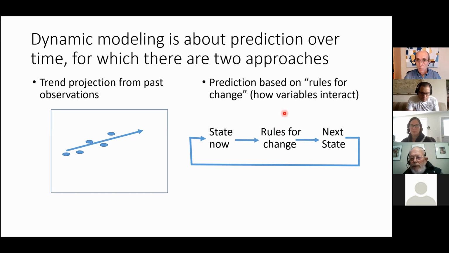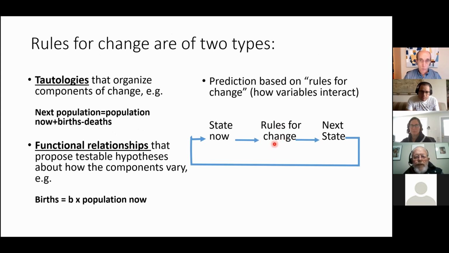Okay, now when you look at these rules for change, the rules for change come in two flavors. The first flavor is what's called a tautology. A tautology is a statement like population next year equals population this year plus births minus deaths.